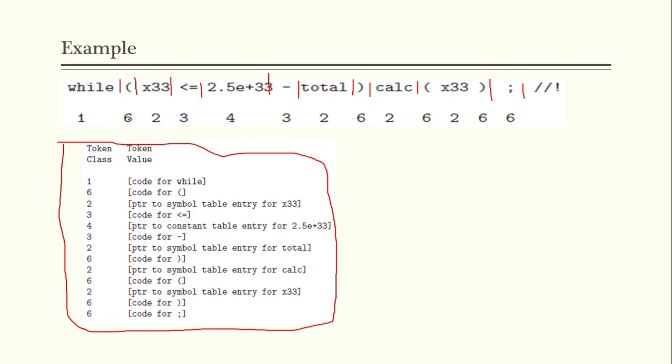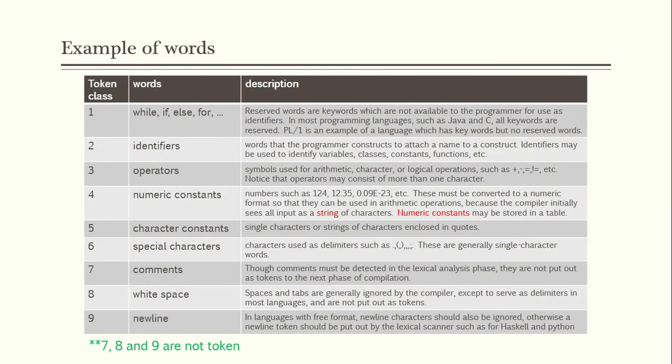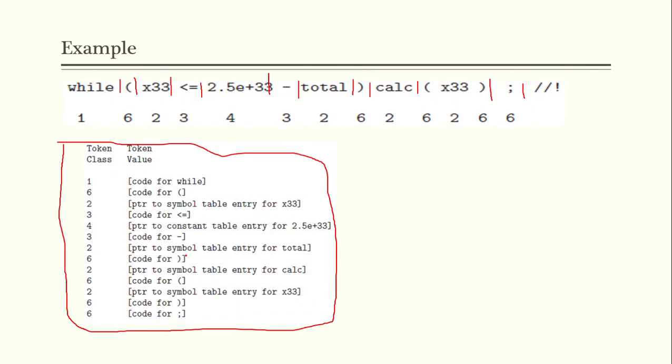The bracket here is token class number 6, which is a special character, so there is a code for bracket. And x33 is a pointer to the symbol table entry for x33, so it is under class number 2.